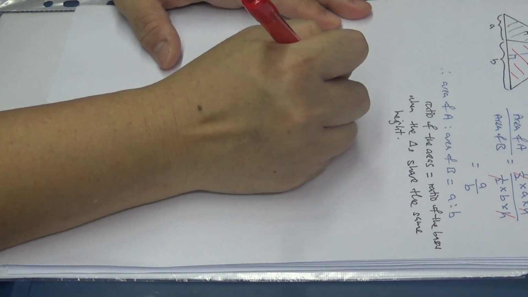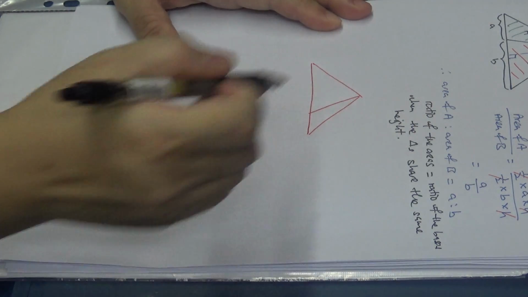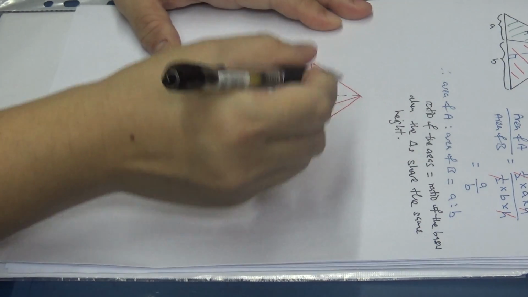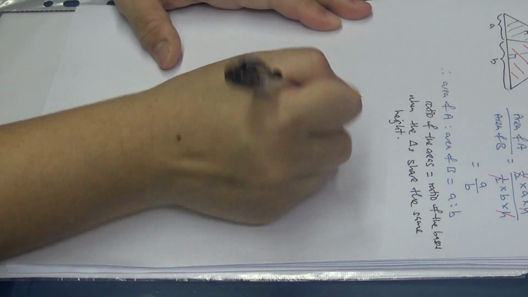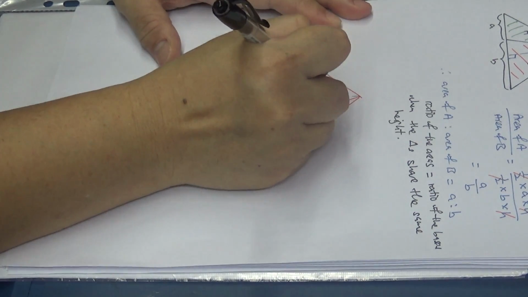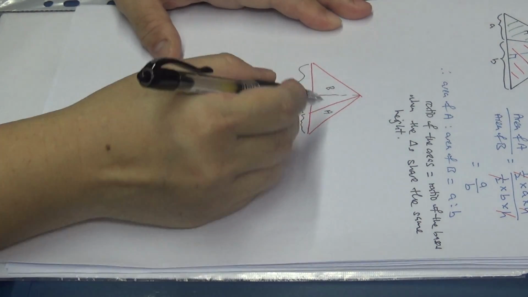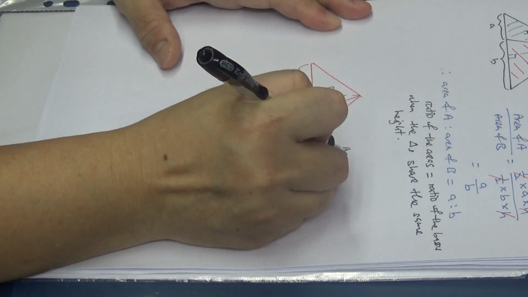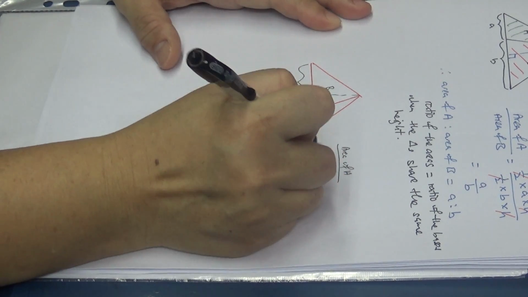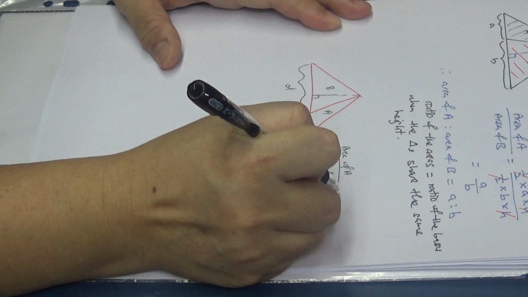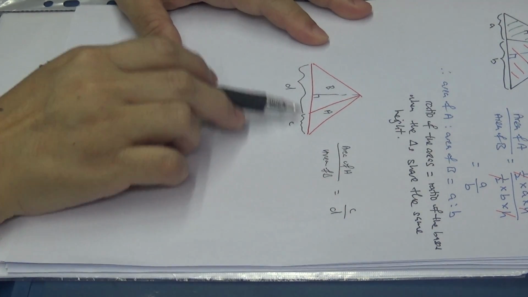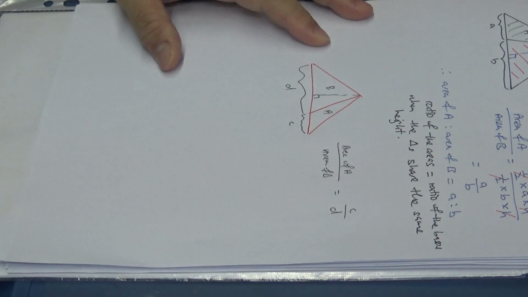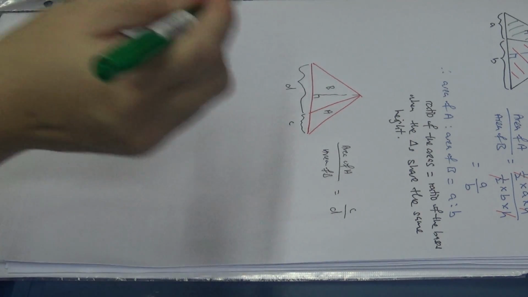If I have 2 triangles and they share the same height, let's say the bases are C and D. This is triangle A and this is triangle B. So area of A over area of B is actually equal to C over D.